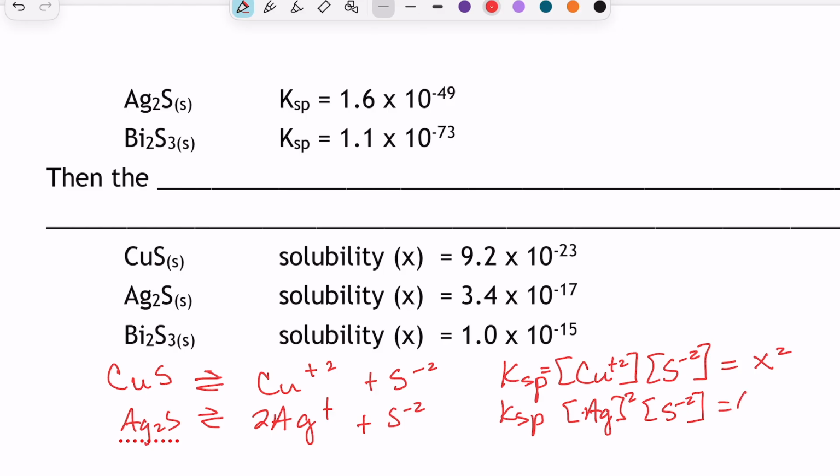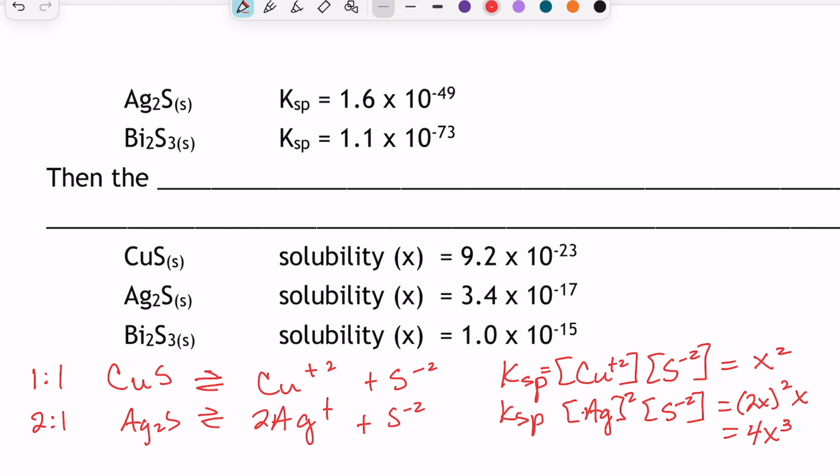What we end up with here is 2x squared times x. So in this case, we get 4x cubed. So we have a 1-to-1 here, and here we have a 2-to-1. Whenever it's a 1-to-1, Ksp is x squared. If it's 2-to-1, Ksp is 4x cubed.